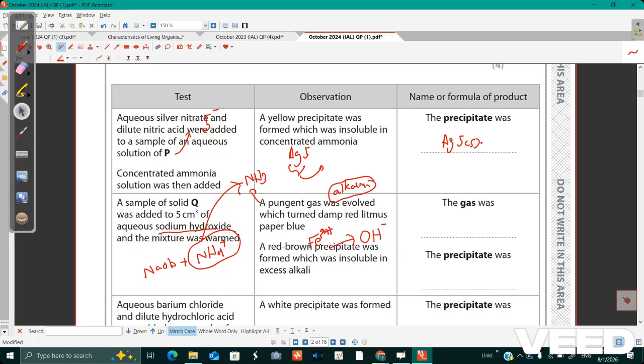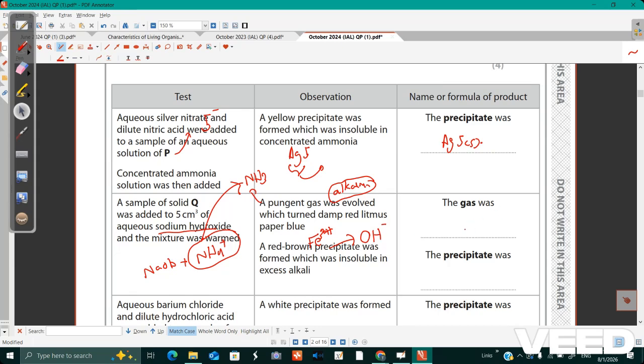Can't tell for sure, but if we had Fe3 plus, Fe(OH)3 is brown in color. We don't know, we can just assume, right?